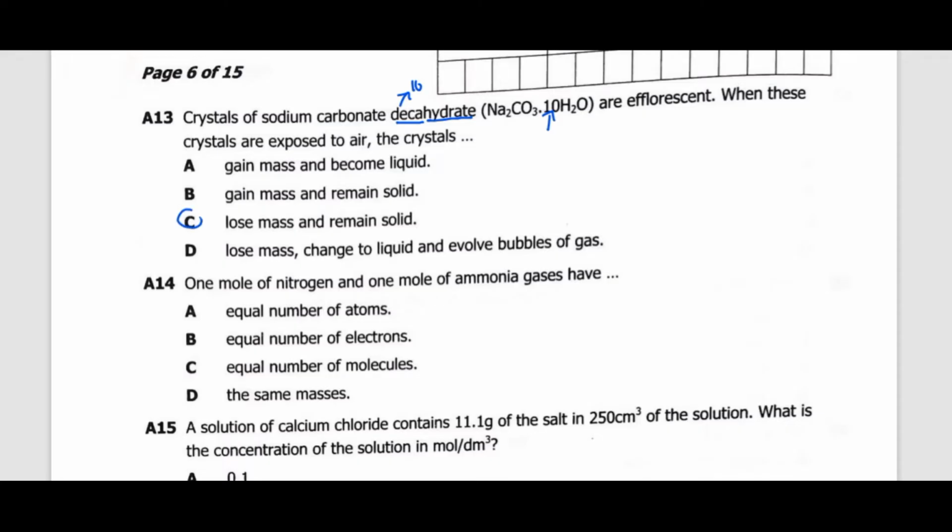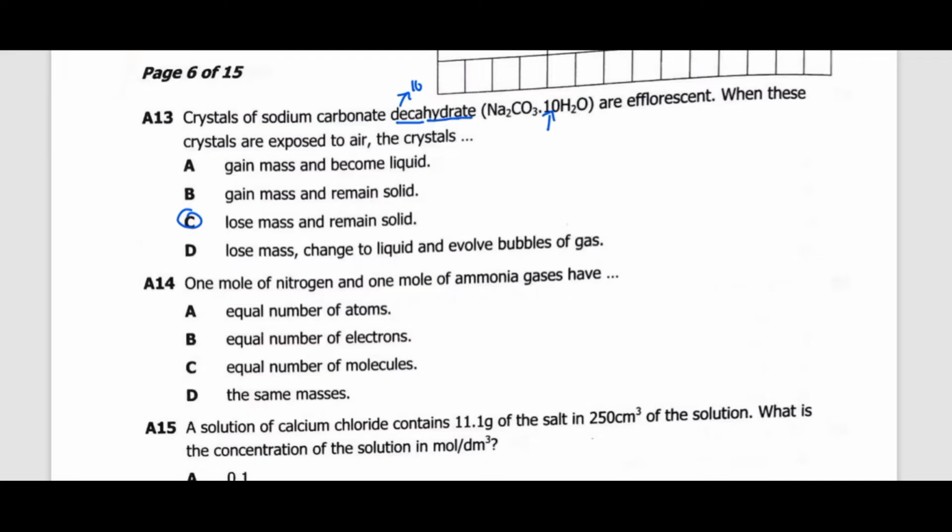So whenever we expose these crystals of sodium carbonate, we expect the water to evaporate. So as the water evaporates, the mass reduces, since a certain amount of water with its mass has been removed.